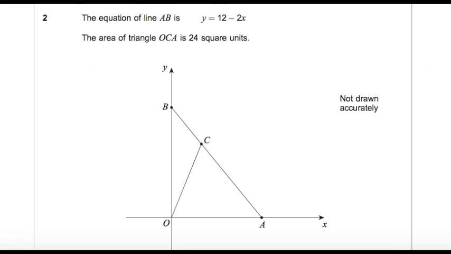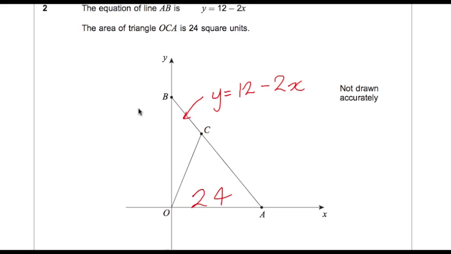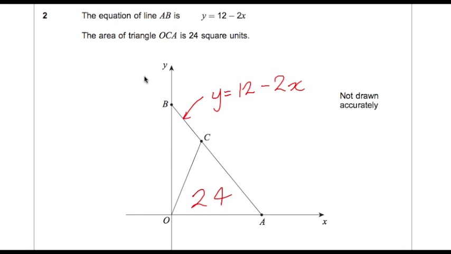Right, question 2. The equation of line AB is y equals 12 minus 2x. The area of triangle OCA is 24 square units. And they want to know the coordinates of C. Right, so let's see what we can work out to start with from what they've given us.